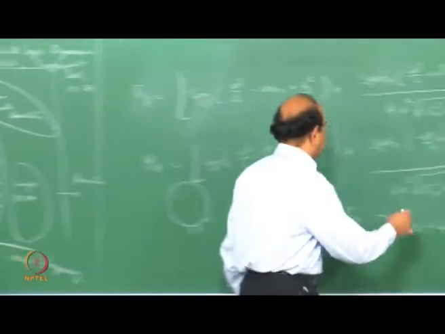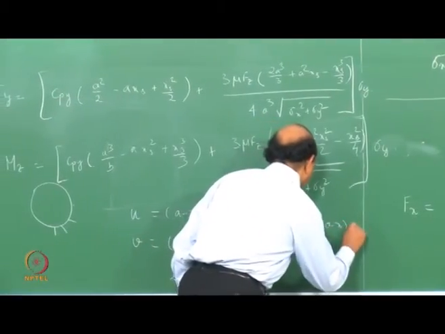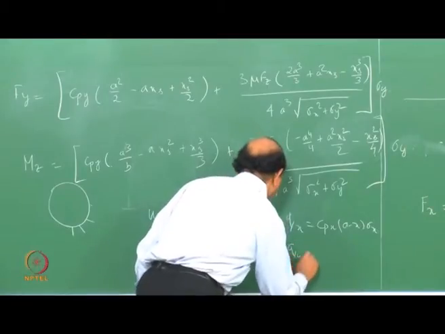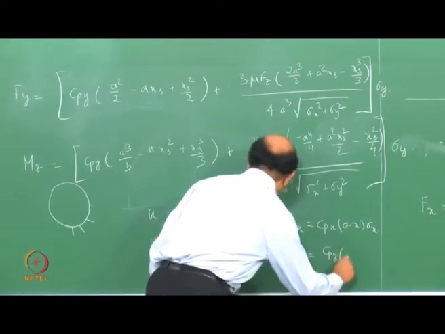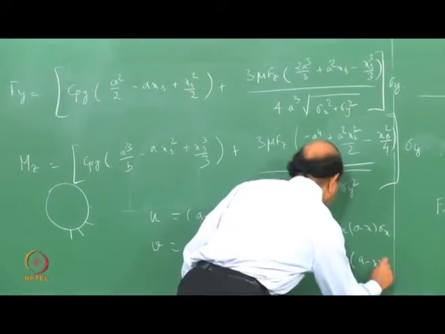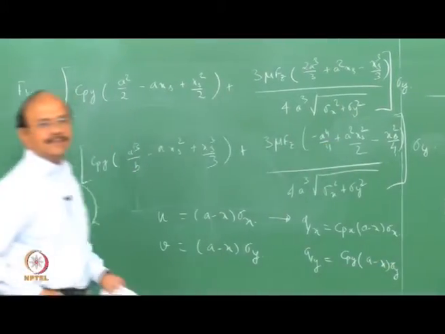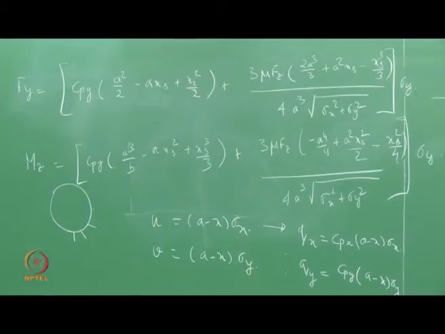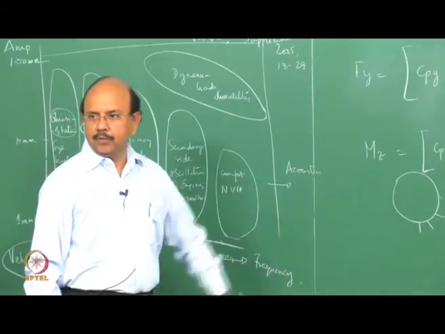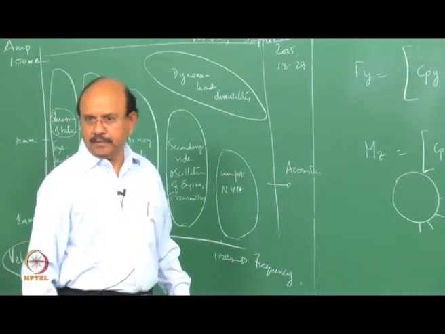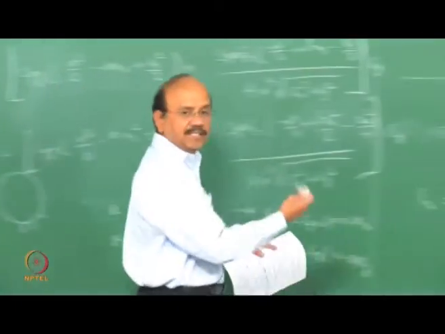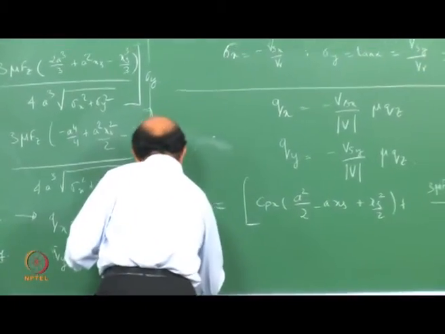So that would be qx equals Cpx into (a minus x) into sigma x, and qy is equal to Cpy into (a minus x) into sigma y. Right? These are the forces. Now, when it slides, the root of qx squared plus qy squared should be equal to mu qz.